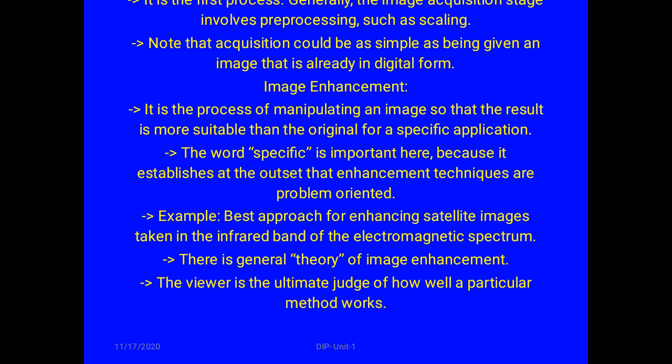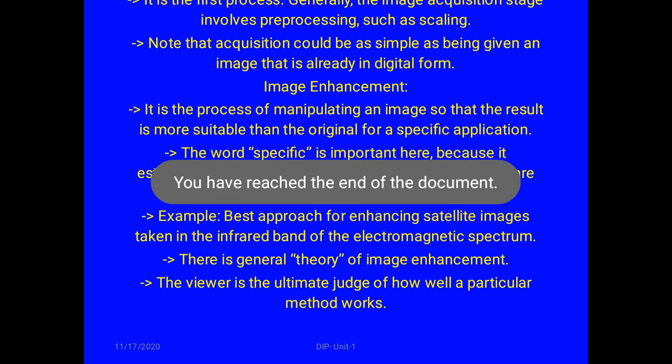The word specific is important, as it is problem oriented. For example, the best approach for enhancing satellite images. Next, the viewer is the ultimate judge of how well a particular method works.